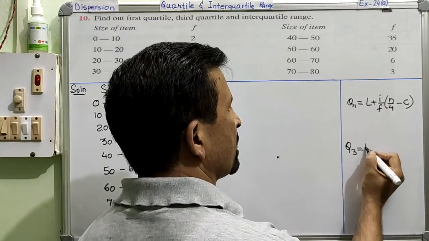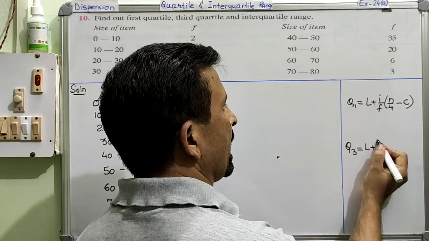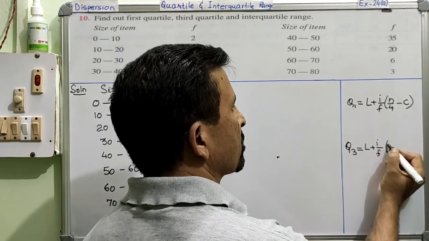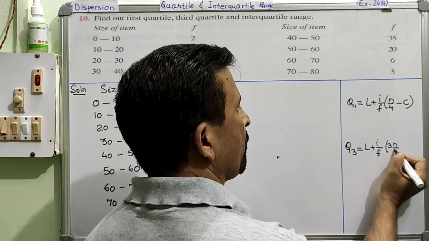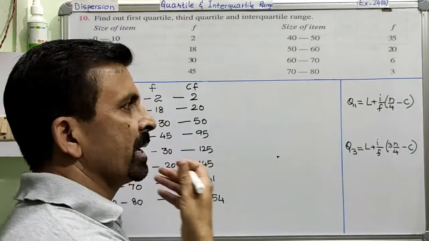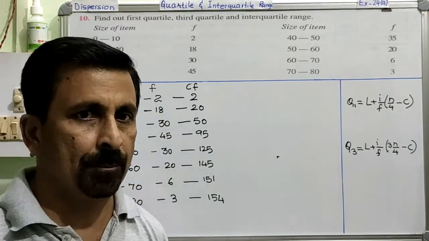Q3 will be equal to L as it is, I as it is, F as it is, and only this will be 3 times n over 4 minus C. Now here n over 4 will give you the position for your Q1, right?